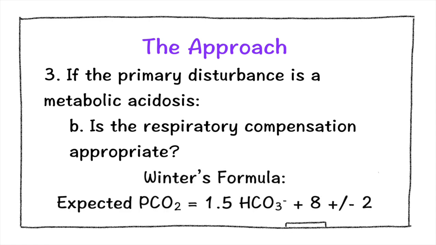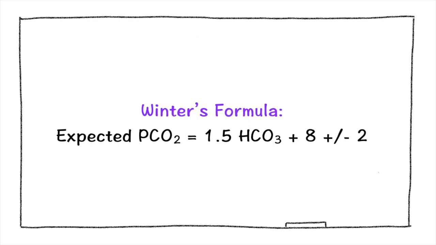The formula of Winter is a recommended tool to determine if the CO2 is following this rule. It's 1.5 times bicarb, adding 8, that we perceive, to represent the CO2 the body should achieve. But nothing's that precise, so it's important to confide that the answer has an error range of 2 on either side.